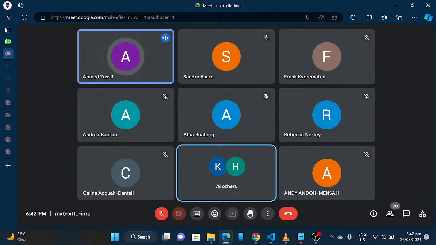S warfarin is the active component of warfarin. It's about 3 to 5 times more potent than R warfarin.